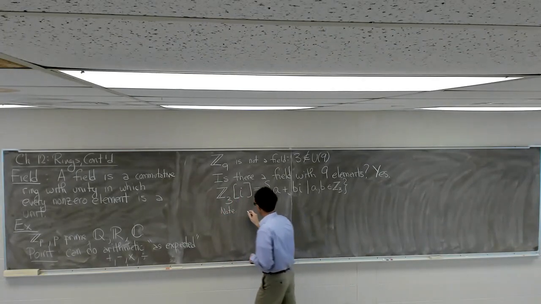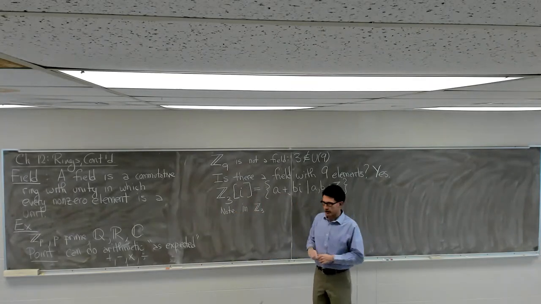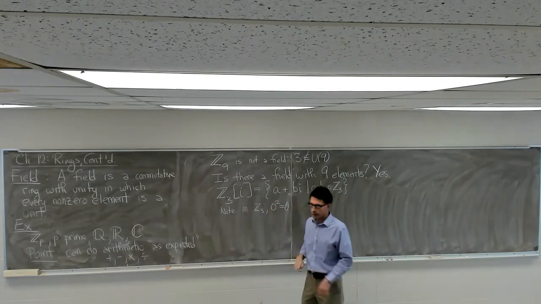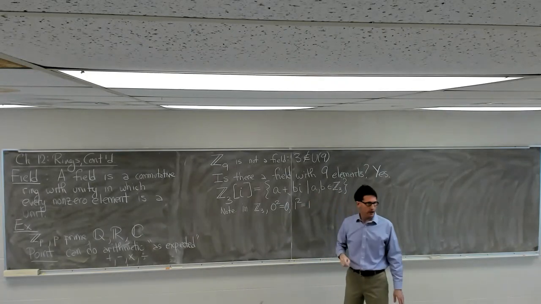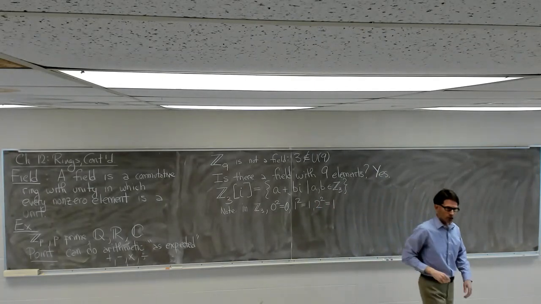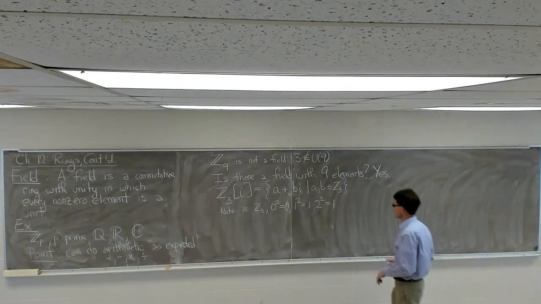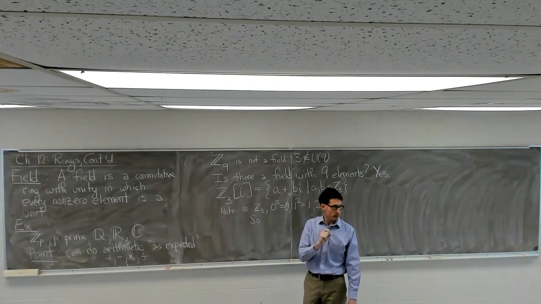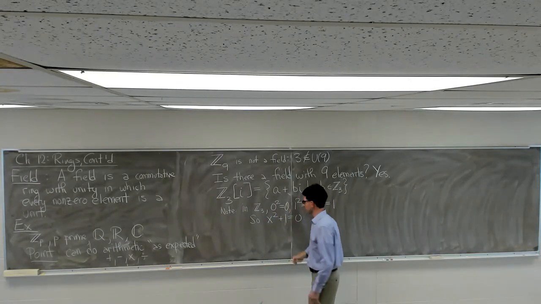And so in the integers mod 3, if you think about squares, what can we get? 0 squared is of course 0. 1 squared is 1. So is 2 squared: 2 squared is 4, but 4 mod 3 is equal to 1. Now think about the same equation that we think about over the real numbers, namely x squared plus 1 equals 0.